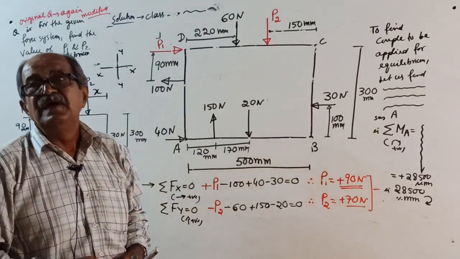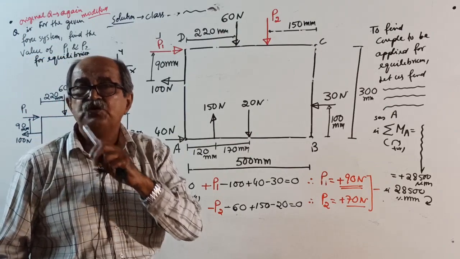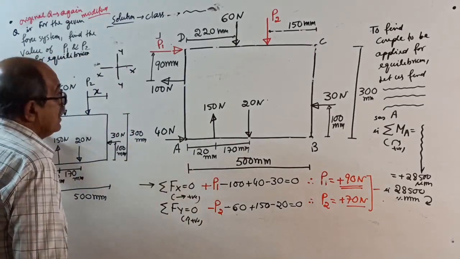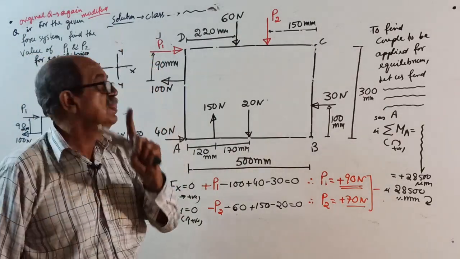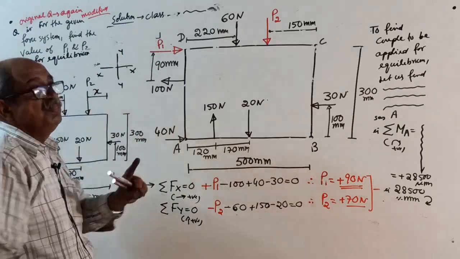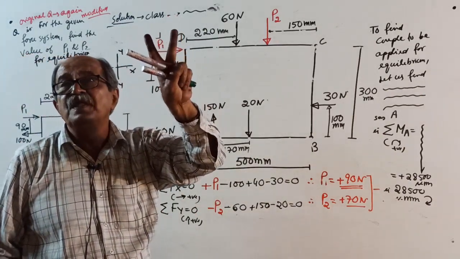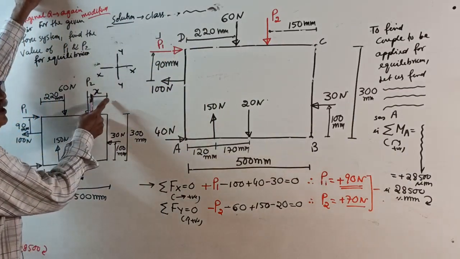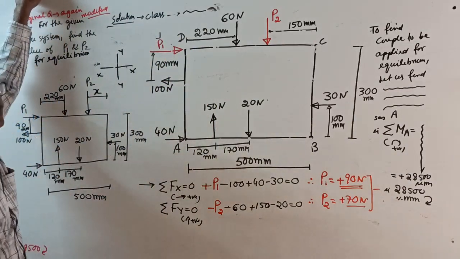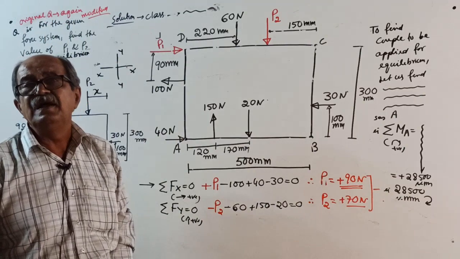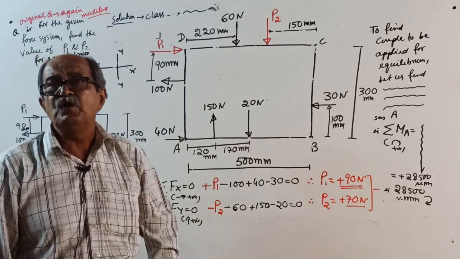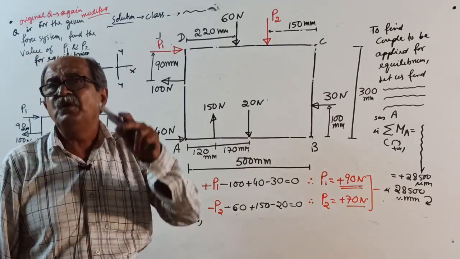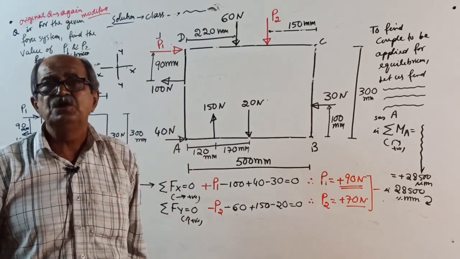That means they want to find the value of P1, one unknown, the value of P2, a second unknown, and also where P2 is to be applied. That also you have to calculate.